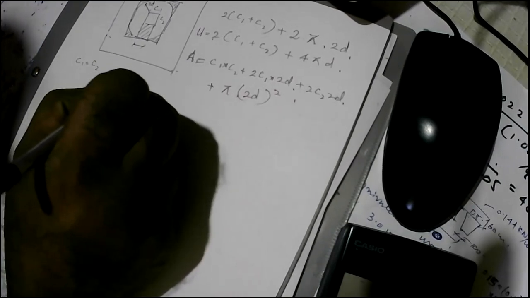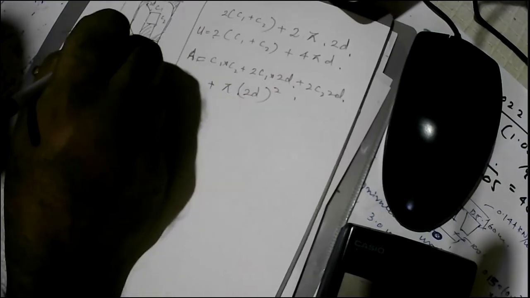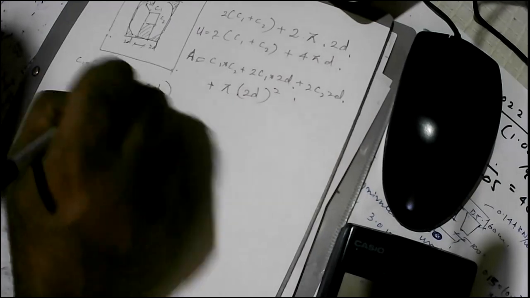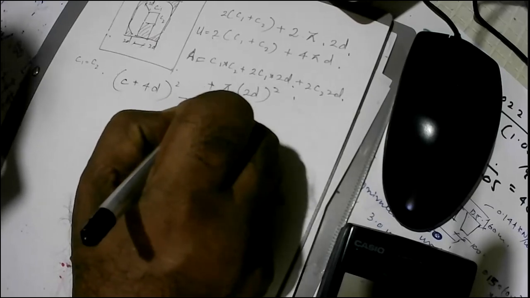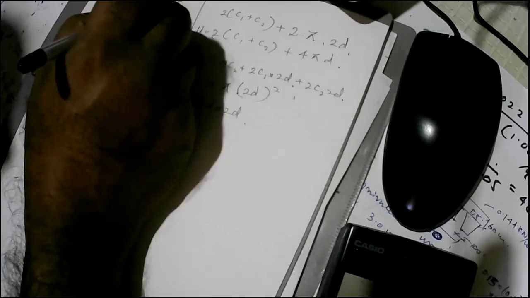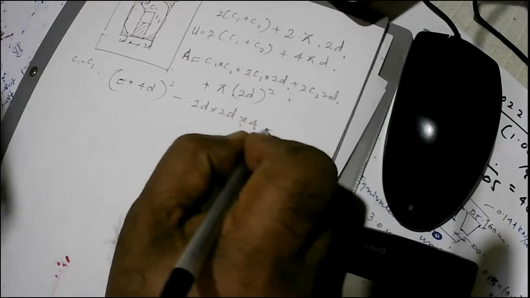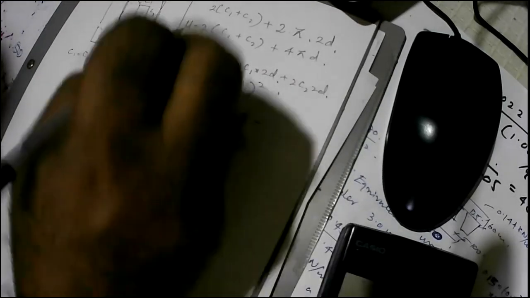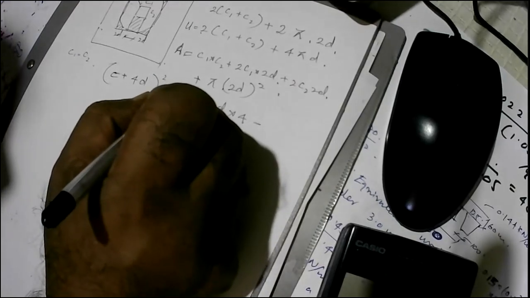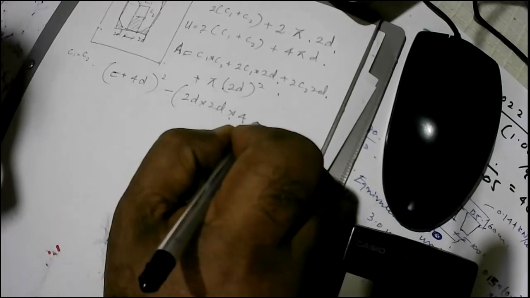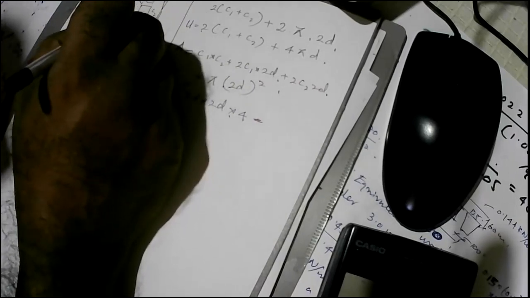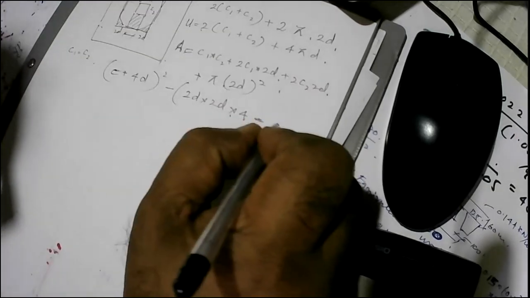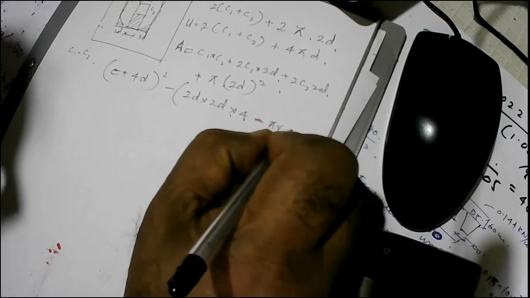So that is C plus 4D, these 2D, so C plus 4D squared, minus 2D multiplied by 2D, one of those multiplied by 4, minus this area, and that is pi r squared with r being 2D.